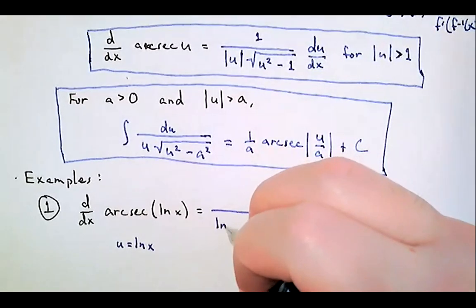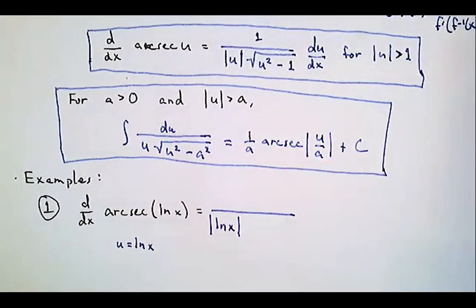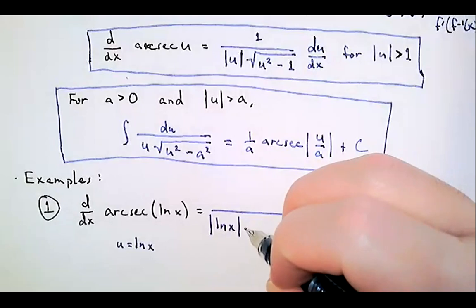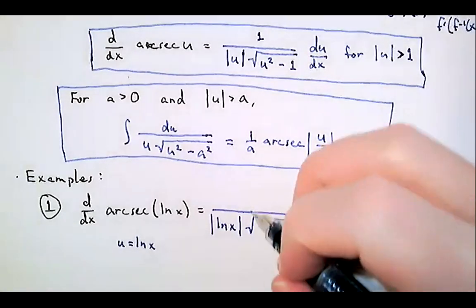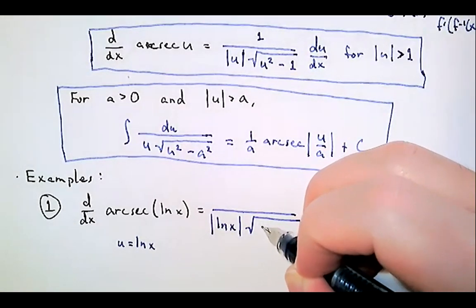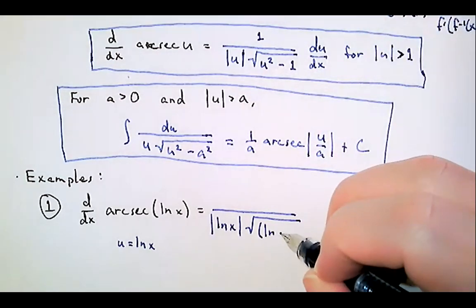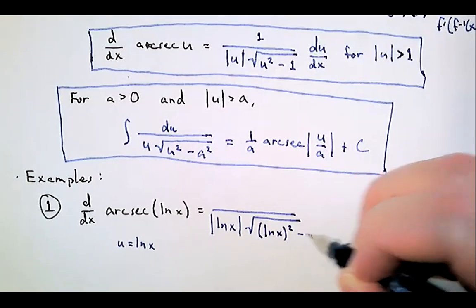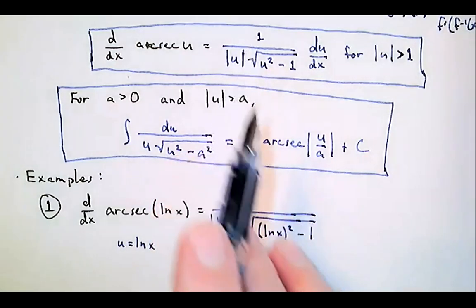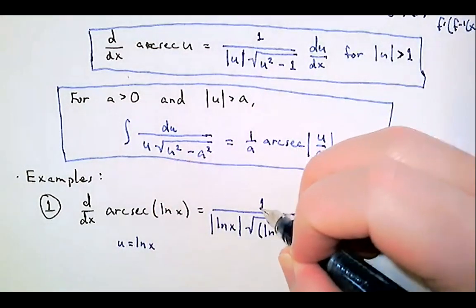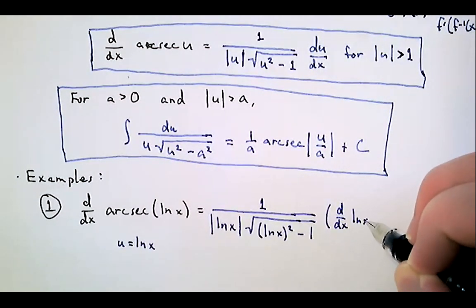So in the denominator, we'll get a natural log of x, and that needs to be inside of absolute values. And underneath here, we need to have a natural log squared, where there's a u squared, and minus 1. And up top, we get a 1. And then we need to multiply by the derivative of the natural log of x.